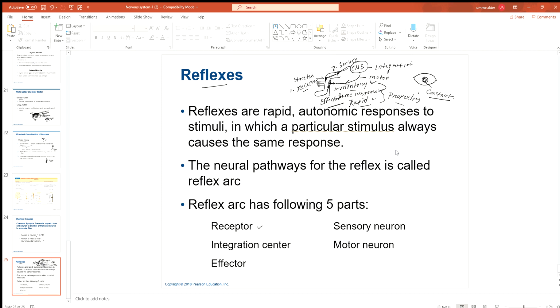Okay, so those are the parts of a reflex to complete the arc. The arc is the whole circuit from the receptor to the effector. This whole circuit or pathway is called the reflex arc.